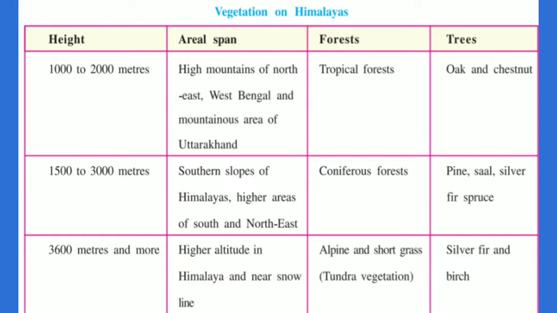Area, higher altitude in Himalayas and near the snow lines. Forest, alpine grass and tundra vegetation, in the trees, silver fir, juniper, birch, etc.